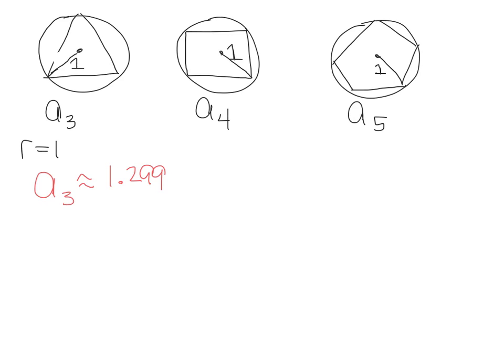So these are inscribed polygons in a circle with a radius of 1.